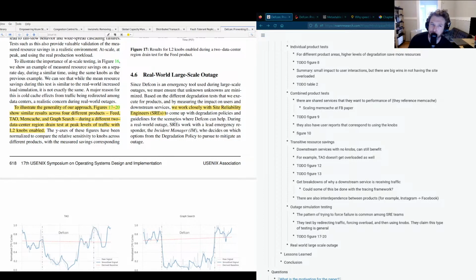Meta's equivalent of SREs are called production engineers. Technically different. I also think the production engineers at Meta are embedded, or I've at least heard that they are embedded with the specific product team. So you'll have a team of developers working on a feature, and then they have a production engineer, which is a bit of a different model than other SRE teams, but seems interesting.